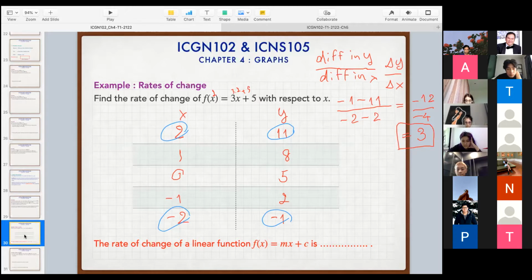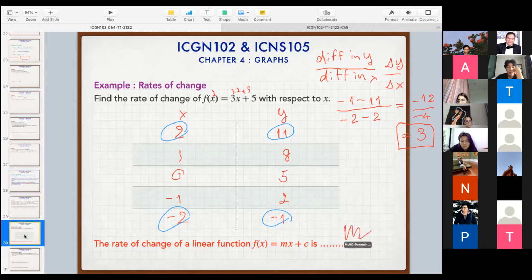So we see that the rate of change of a linear function f(x) equals mx plus c is, can somebody tell me, what is the answer here? Can you give me some notation? M, yes, that's right. Who answered?